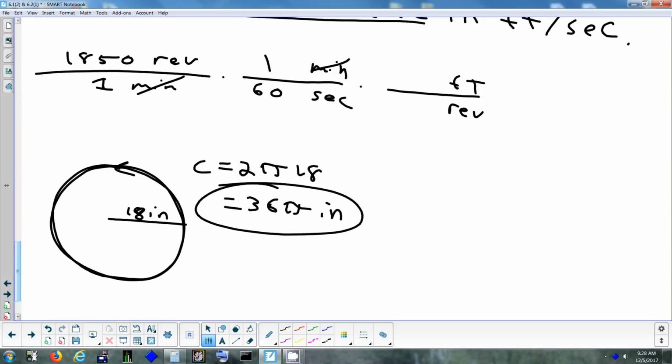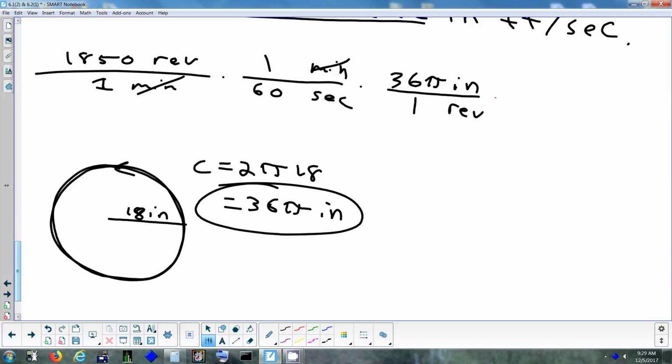That's fine. But if we're going to do it that way, then I need to adjust this. That's how many inches in a revolution. That's not how many feet. But you could easily convert that to feet, but we'll do it as 2 steps. Right, so 36 pi inches in a revolution.